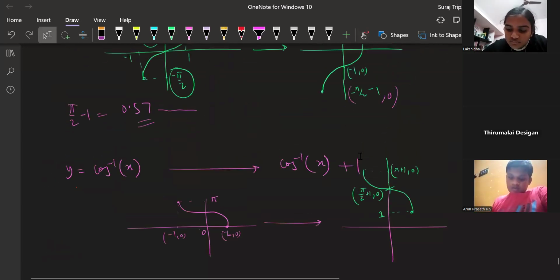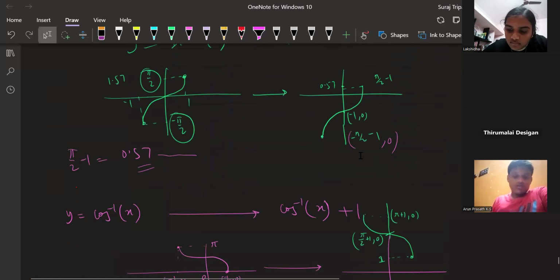Yes, the procedure is, if you are adding something, then the graph will shift towards upside. If you are subtracting something in y, it means on the total function, so the graph will go towards downside. Sir, it's 0, comma pi by 2 plus 1.